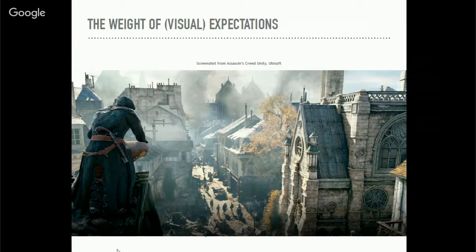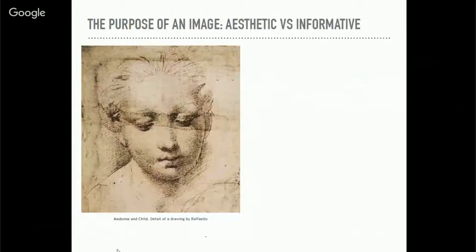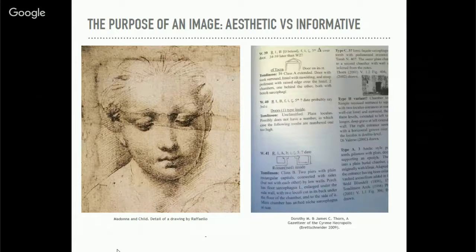And this distinction is much clearer in 2D traditional illustration. So it is pretty clear to almost everyone that this image, that is a lovely portrait by Raffaello, is a different thing from this. This is an illustration for an archaeological book.